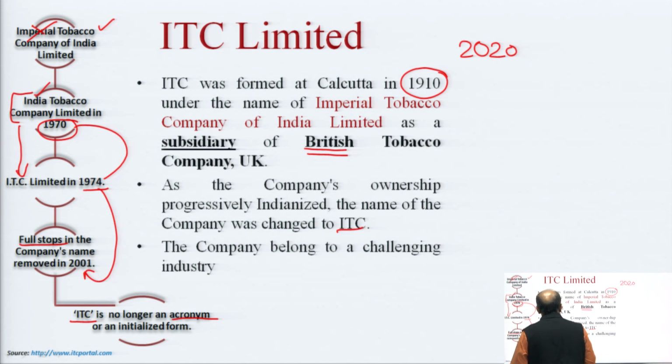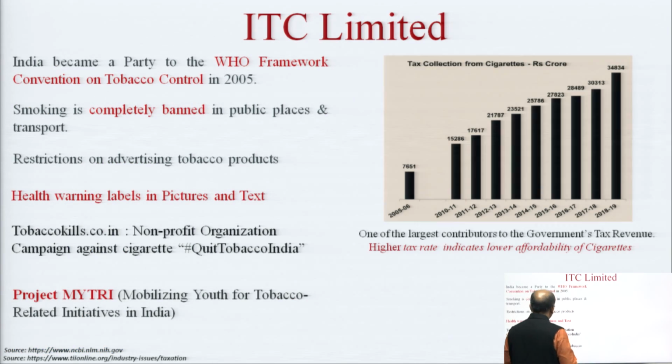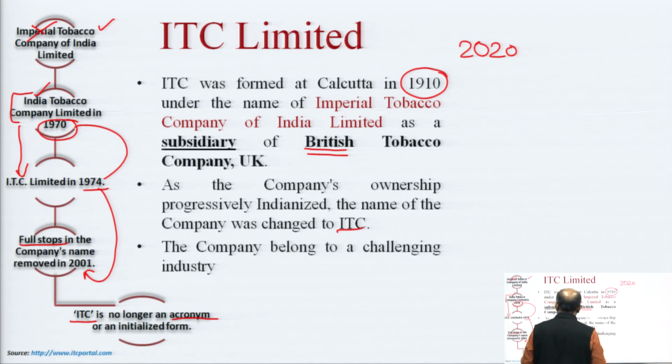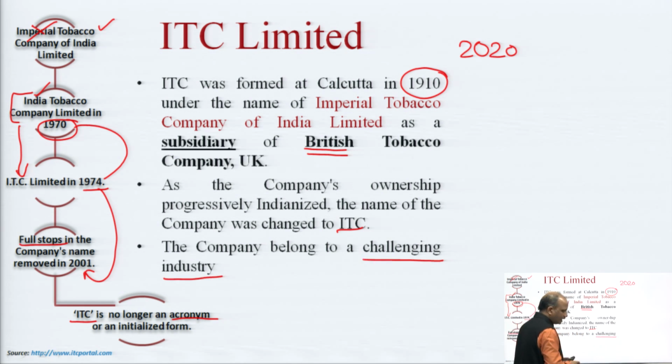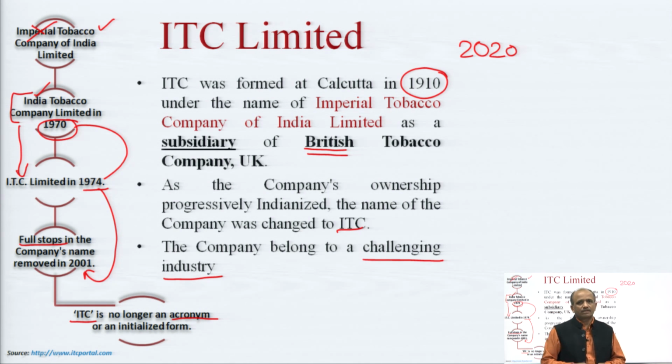Now if we look at the industry to which ITC belongs, it is the tobacco industry, which is a very challenging industry. Challenging in the sense that so many things must be considered by the companies working in this industry, and there are so many announcements by the government and all possible agencies that from time to time create some sort of challenges to the companies working in this industry.